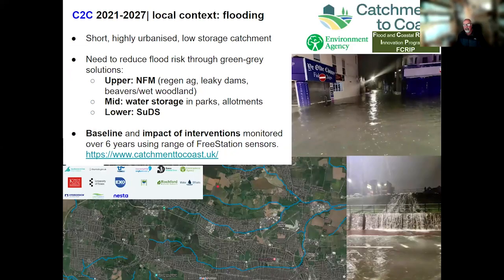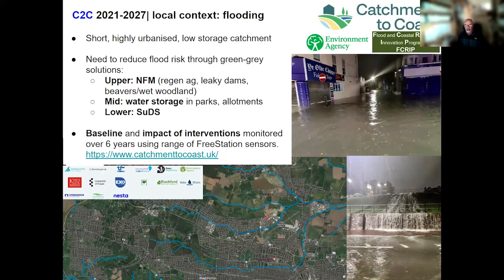At the moment, much of our work is around this Catchment to Coast project, which is a flood and coastal resilience innovation program led by Southend-on-Sea with Thurrock and other councils in the area of the Thames estuary.